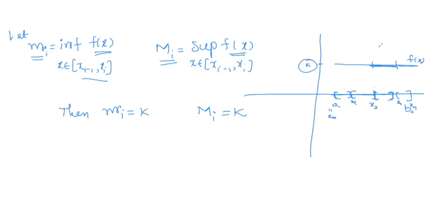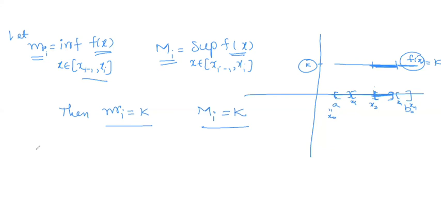If the temperature doesn't vary at all and is constant throughout the day, then the minimum and maximum are both that constant. So here also the same thing. In this general interval, the function does not vary at all, so the minimum and maximum will be the constant value. Small mi will also be k, capital Mi will also be k, which is the constant value of the function.